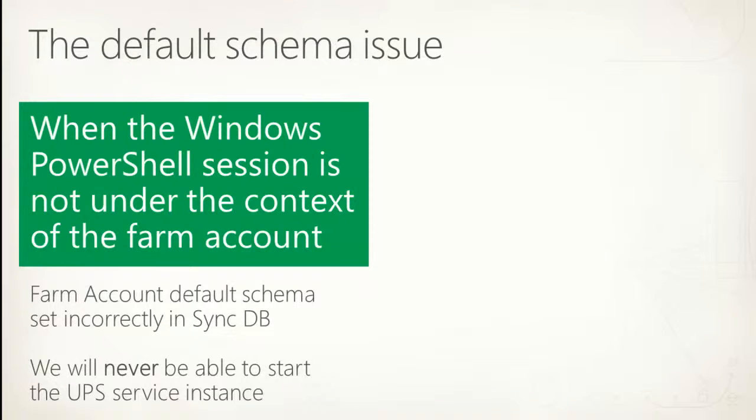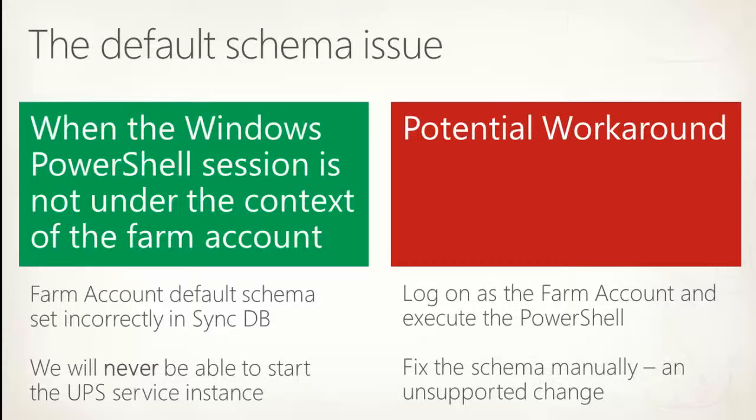So the potential workaround here is you log on to the server as the farm account, and then you run the PowerShell session as that interactive logon. That's a very bad idea, because if you get into the habit of using the farm account to do things, these are the kind of problems that happen, right? Because everything is going to work as the farm account. I've got a tip that I use in the MCM.